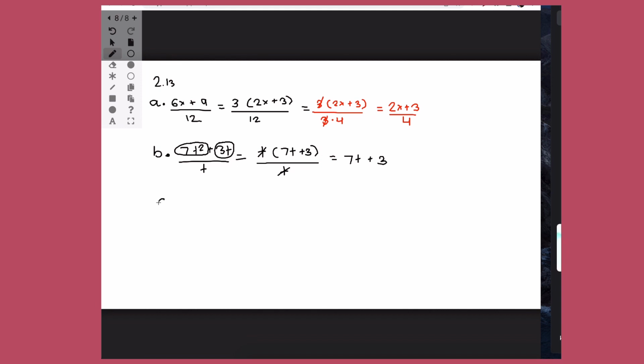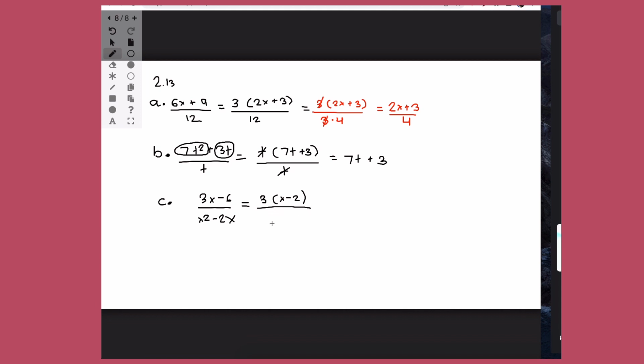And then for c, you have 3x minus 6 over x squared minus 2x. And then once again, we have to factor both the numerator and the denominator. So the numerator would just be 3 times x minus 2.